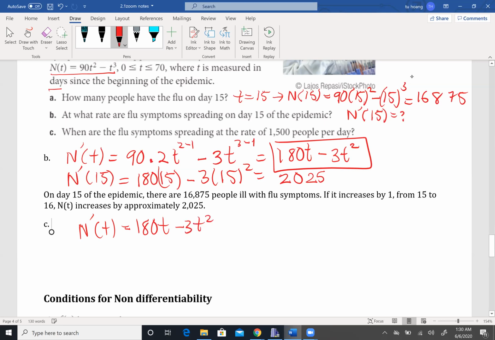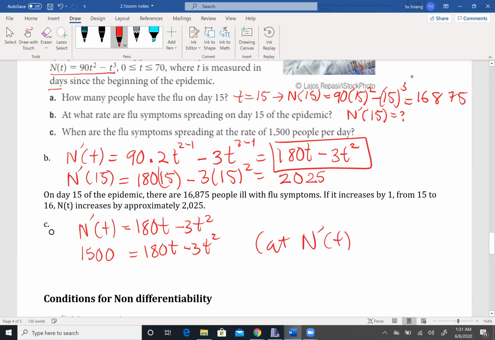And then I know that in the given from problem C, it's given me the N derivative. I mean, in this case the rate is 1,500, so I set N'(t) equal to 1,500, which equals 180t minus 3t squared.